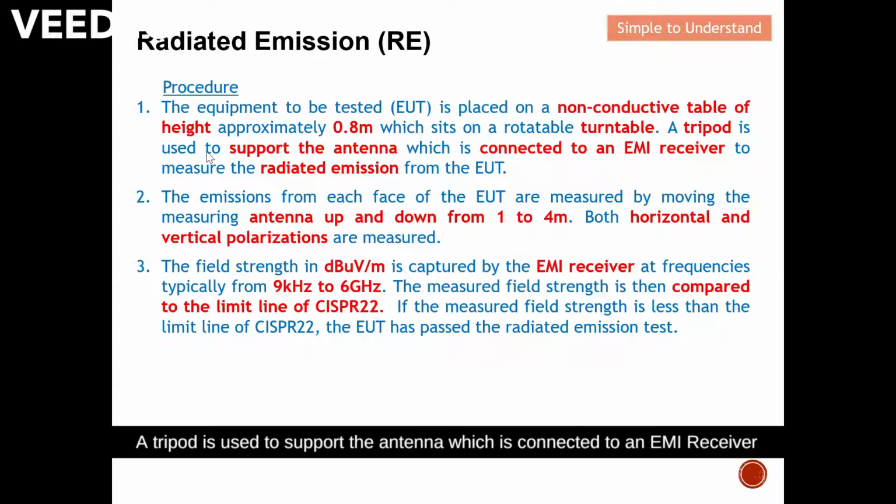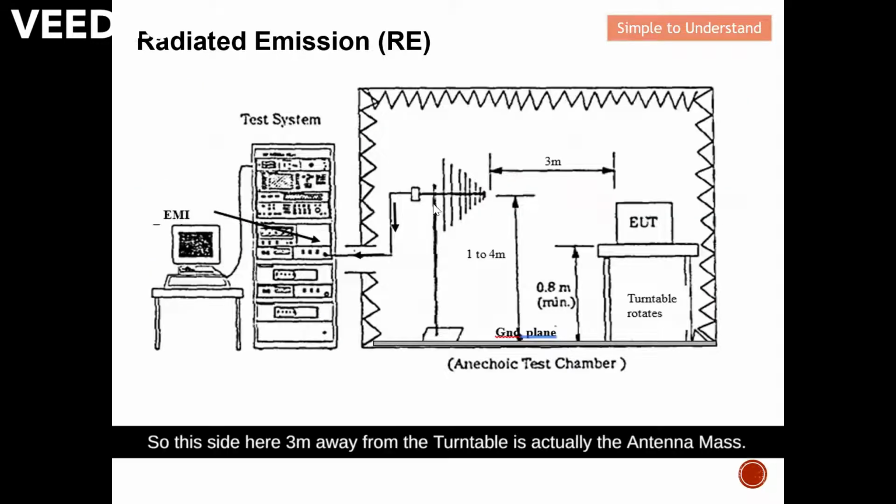A tripod is used to support the antenna, which is connected to an EMI receiver to measure the radiated emission from the EUT. So this side here, 3 meters away from the turntable, is the antenna mast. The antenna mast is linked to an EMI receiver.